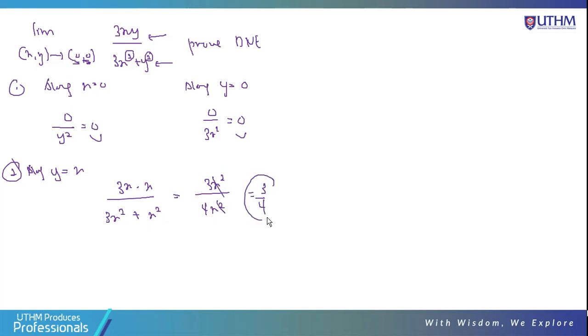Since 3 over 4 is not equal to the previous value, this proves that the limit does not exist. You substitute the variable to make sure the degrees are the same, 2 and 2, then you simplify and get the answer. That's how you prove that the limit doesn't exist.